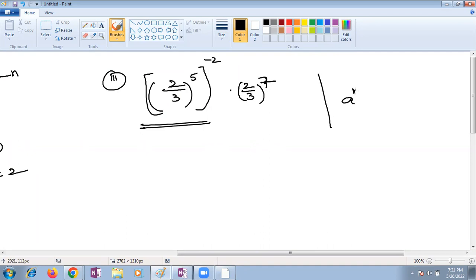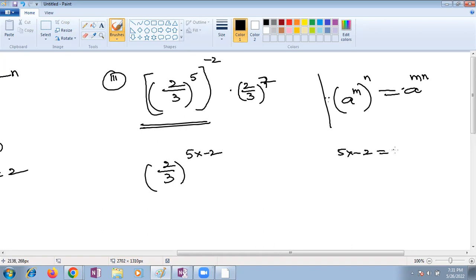Since this is the power raised power law, we can multiply the exponents. So here 2 by 3 whole to the power 5 into minus 2. What is 5 into minus 2? One negative, one positive, you are going to get minus 10.